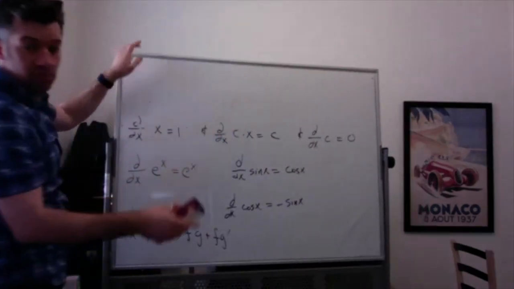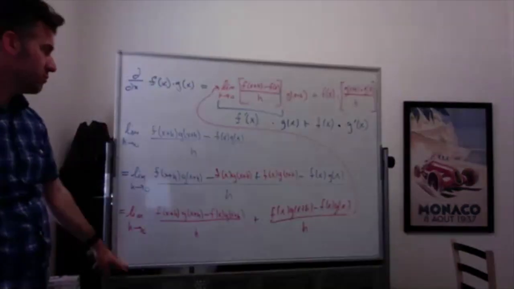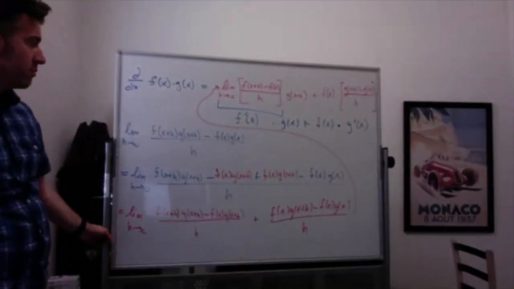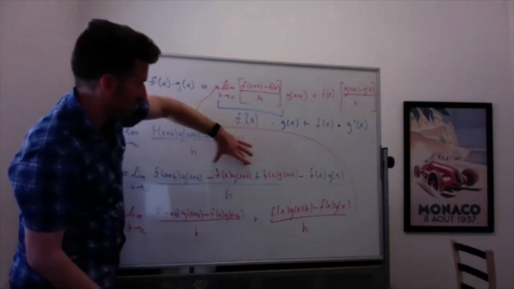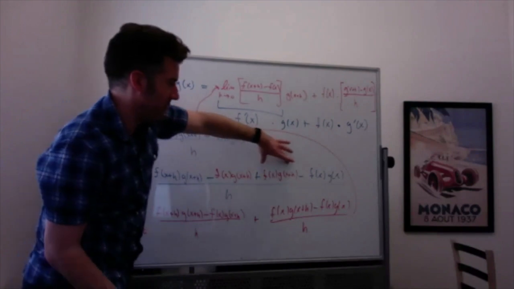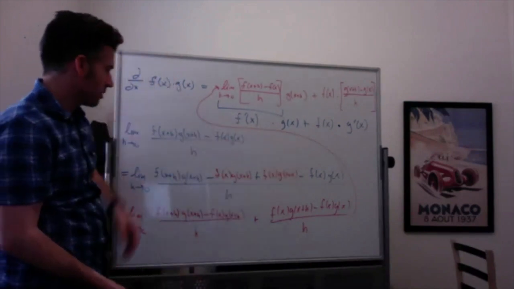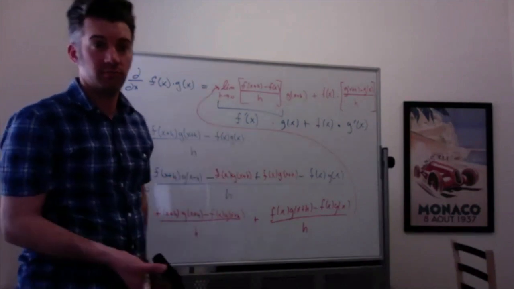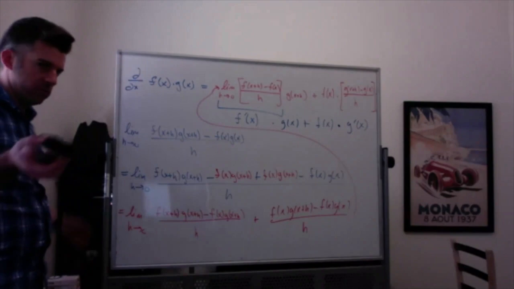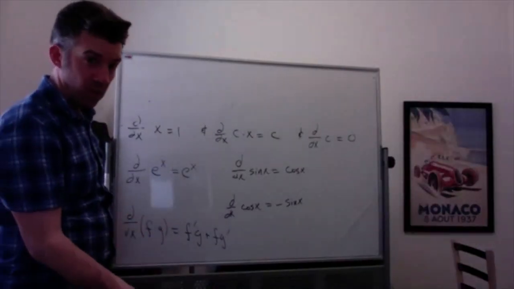When you added f of x times g of x plus h, the middle portion, the red, yeah? Yeah, the minus f of x times g of x plus h plus f of x times g of x plus h. Yeah, that's the same thing as adding 0 to the function, right? Exactly. If you add and subtract the same thing, you're just adding 0 to the expression. Great, thank you. Totally legal. You can always add 0. You can always multiply by 1.